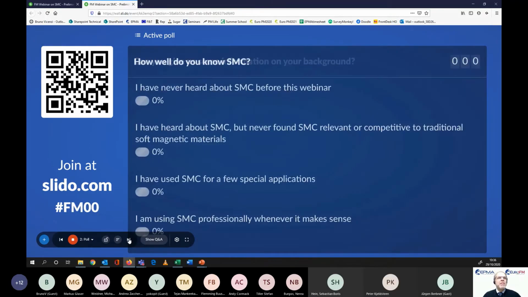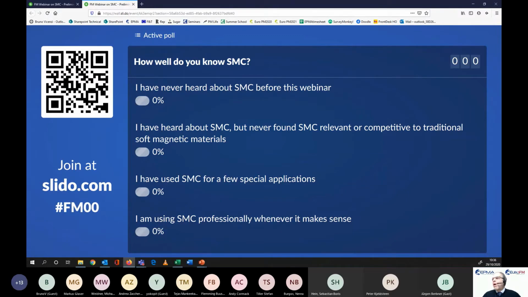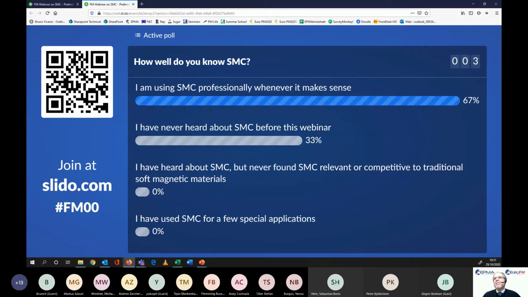So, second poll, which you should see in your Slido screen now. It's about how well you know SMCs. Please give us your status here.